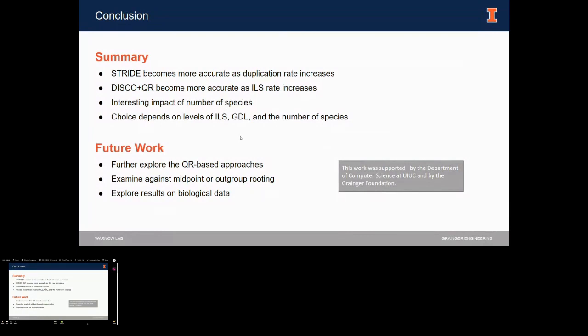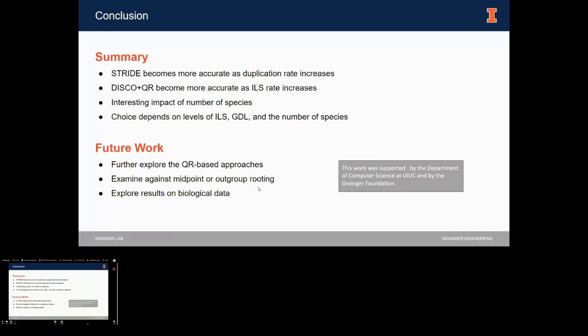In additional future work, we note that there's a lot of room for exploration as far as QR-based approaches. QR is a relatively new method, so there's a lot of space here that's unexplored. Also, we note that examining against midpoint routing or outgroup routing might be a good idea.